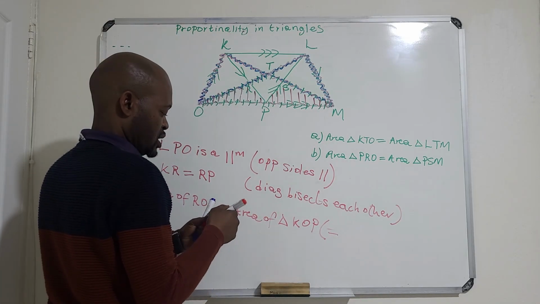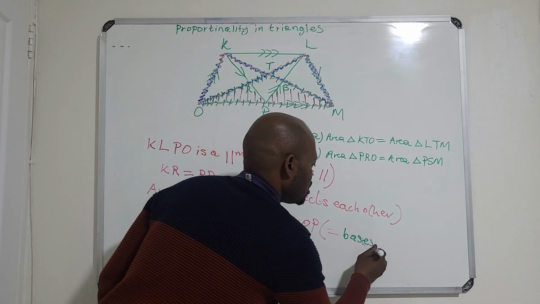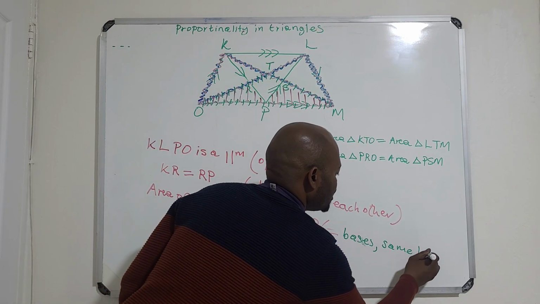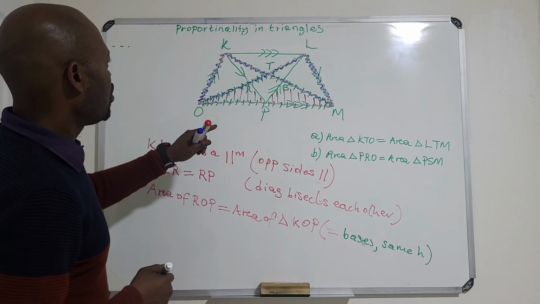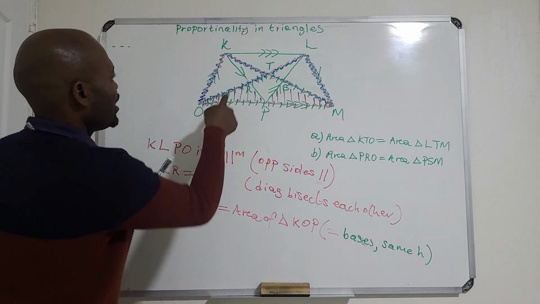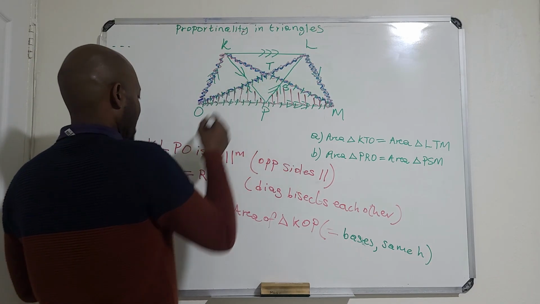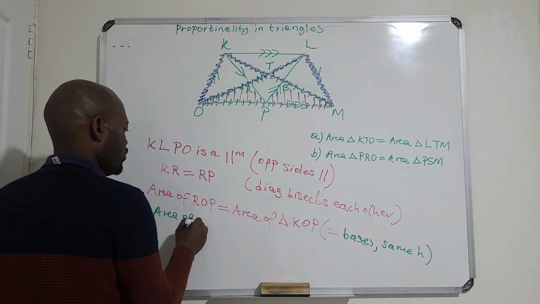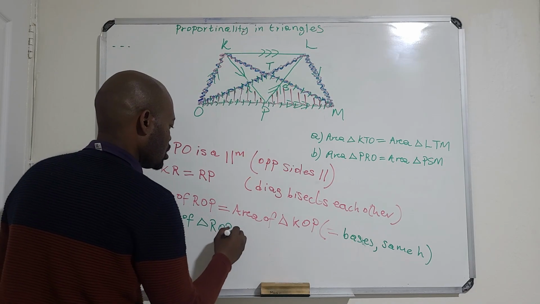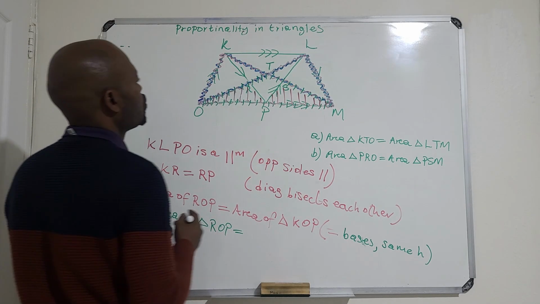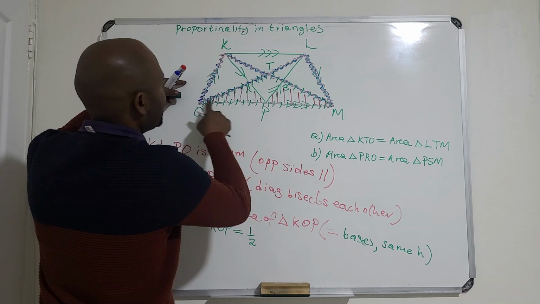Let's write with another color. Equal bases, same height. That is why the two are equal. Therefore, we know that since this is equal to that, it means that the area of triangle ROP is equal to half the area of this.